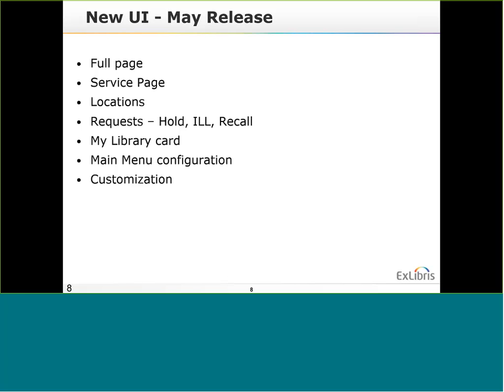We also added the customization package, and after the May release, we will share the developer's environment, and we'll give you more sessions and webinars in order to give you more information about how to customize it with the August release.